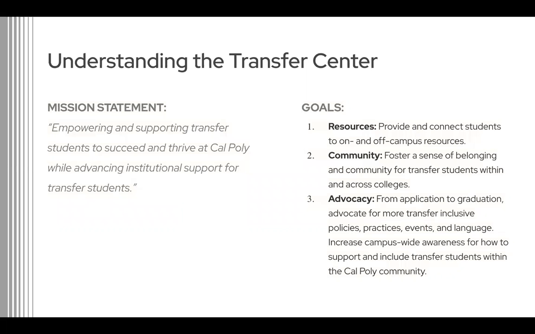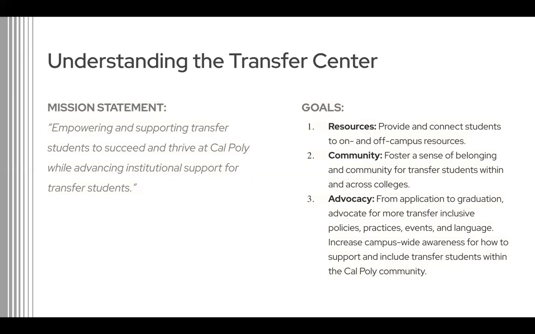So to develop a brand for the Transfer Center, you must first understand what this center is about. So the mission statement is as follows: empowering and supporting transfer students to succeed and thrive at Cal Poly while advancing institutional support for transfer students. With this, there are 3 goals. Resources, which provide and connect students to on and off campus.